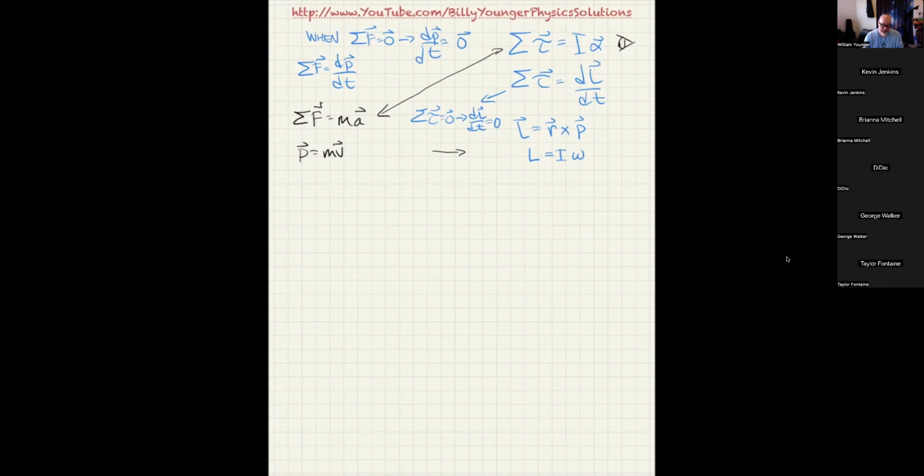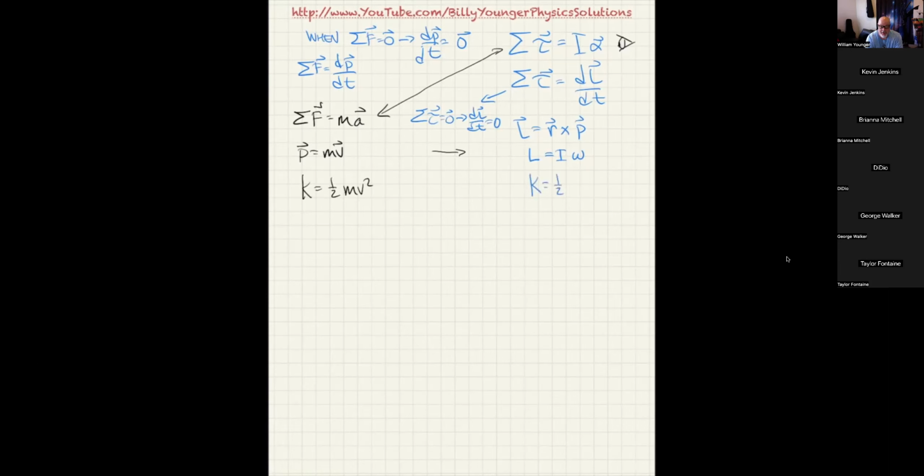So all of this is just a new way of looking at the same stuff, only we're now using different quantities with slightly different units, and so on. There's some more stuff. For instance, let's say we had kinetic energy, which was 1/2 mv squared. Anybody want to take a guess what kinetic energy is in the rotational world?